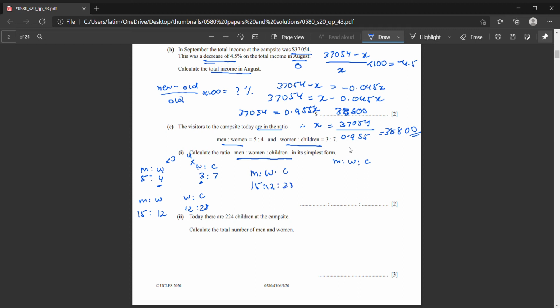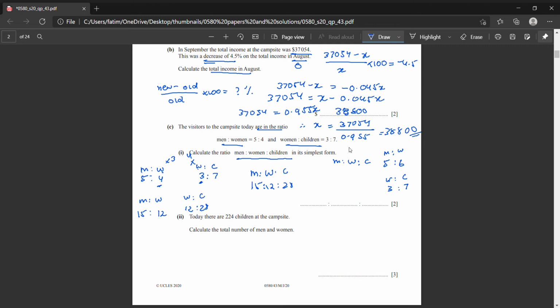Okay, and if for example the ratio was something else, like let's say for men to women it was 5 is to 6, and then for women to children it was 3 is to 7. Okay, so now again women is common in both of them, so I would have to multiply the values in a way so that the women number would be the same, and then I could combine them.